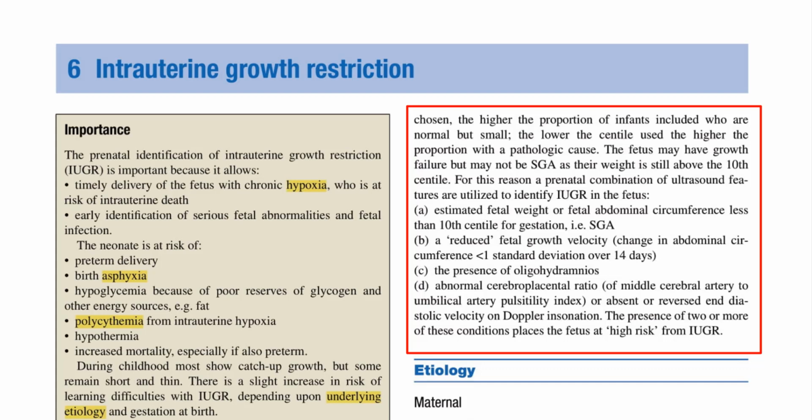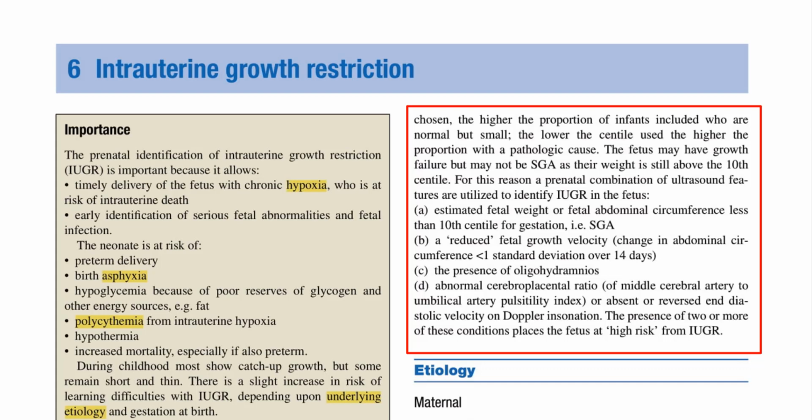For this reason, a prenatal combination of ultrasound features are utilized to identify IUGR in the fetus. A. Estimated fetal weight or fetal abdominal circumference less than 10th centile for gestation, i.e. SGA. B. A reduced fetal growth velocity, change in abdominal circumference less than 1 standard deviation over 14 days.